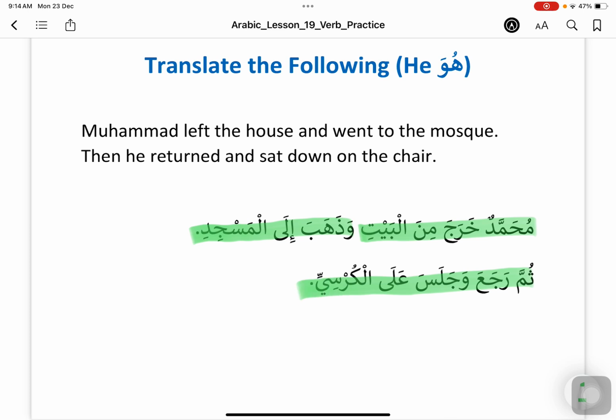Now, I'm going to take these two sentences and I'm going to use the different pronouns and the different verbs that go with those pronouns, and I'm going to read out to you several paragraphs in the next few slides. And I'm not going to read the Arabic to you, but the Arabic is going to be written on the slide. So this is the exercise.